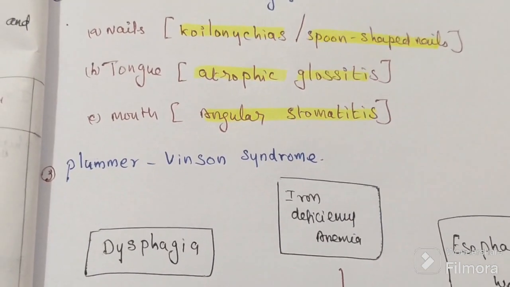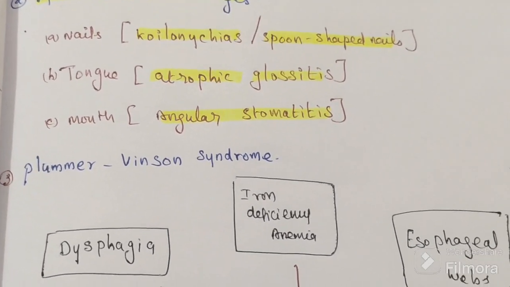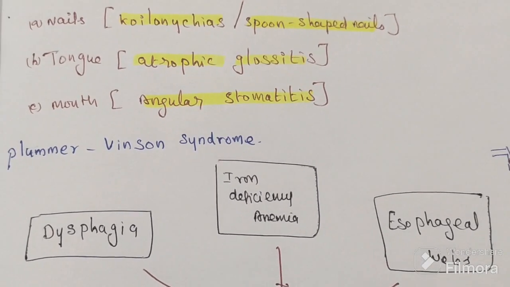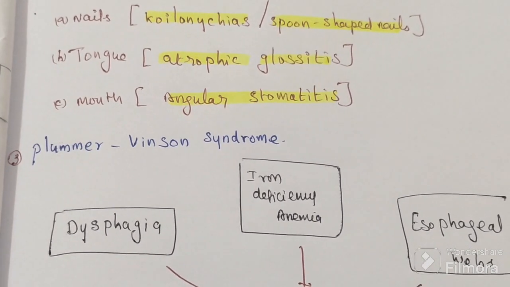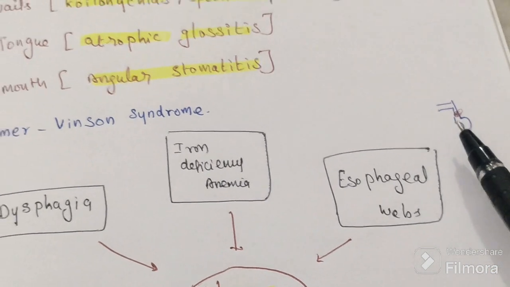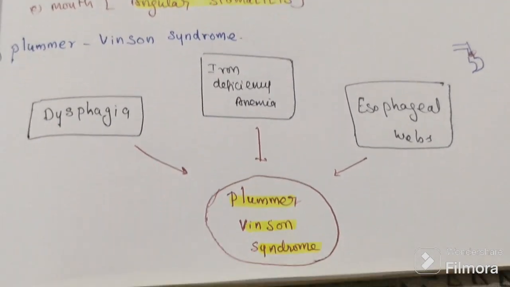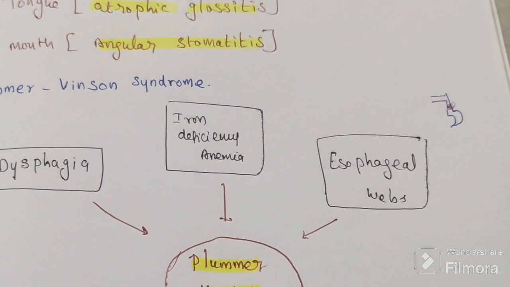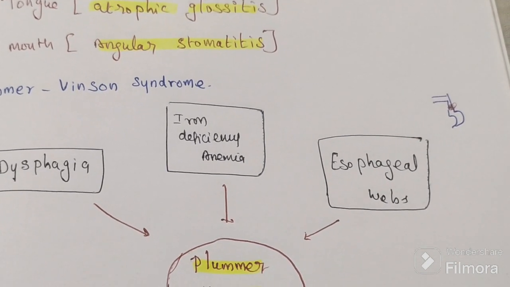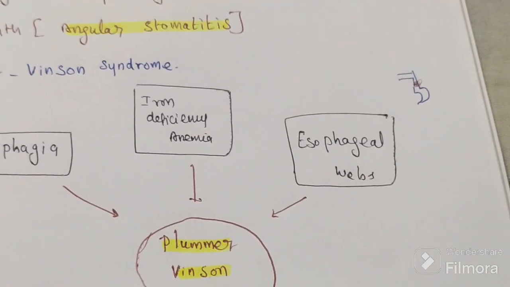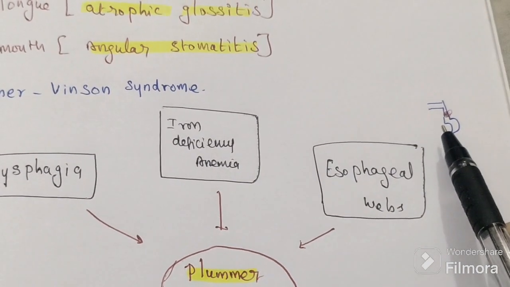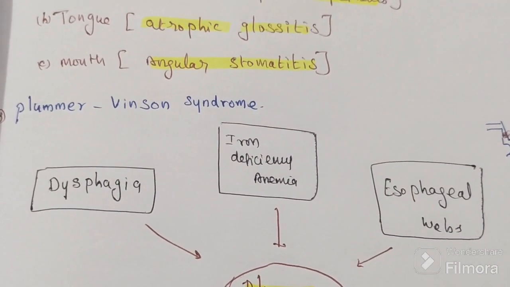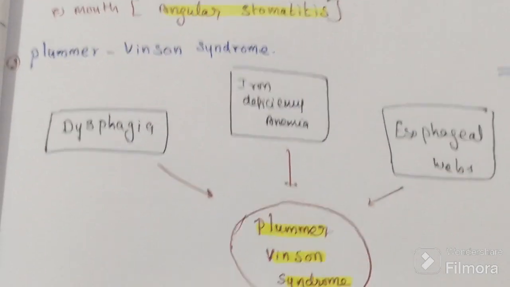Then the esophagus causing dysphagia, with development of a membranous web at the post-cricoid area. This is called Plummer-Vinson syndrome.